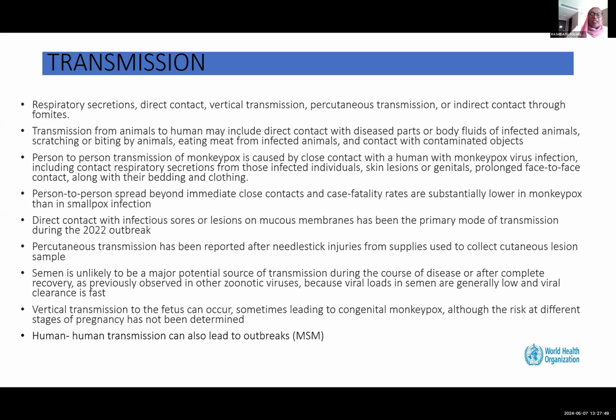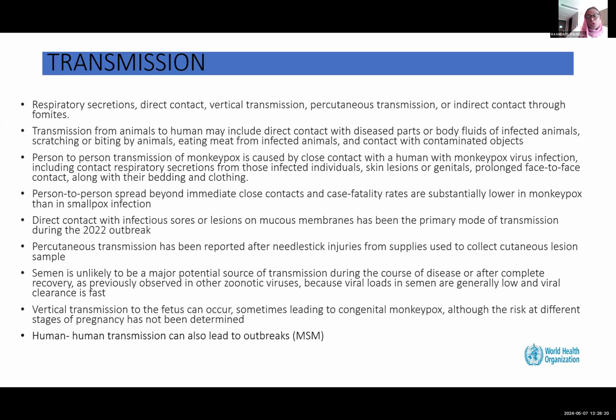Direct contact has been the primary mode of transmission during the recent outbreak, that is the 2022 outbreak, but we had also seen percutaneous transmission after people were reported to have had needle stick injuries. And some studies do say that transmission through semen is unlikely, despite us seeing most cases being sexually transmitted.